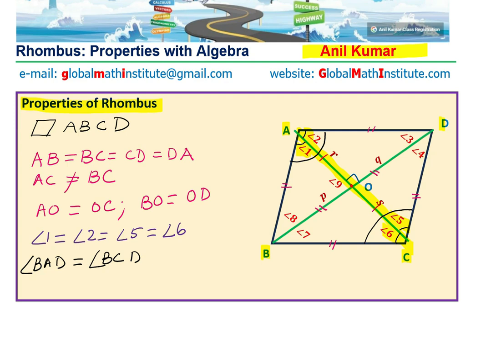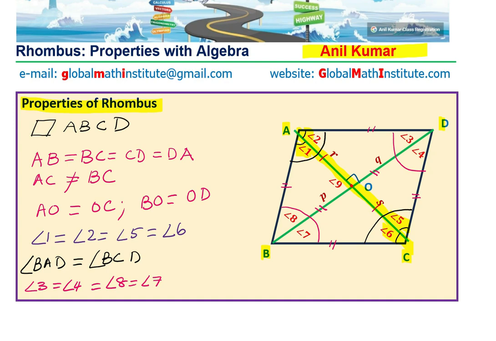Similarly, we have the other angles which are angle 3, 4. They are equal to angle 8 and angle 7. And of course, these two angles are also equal, right? So you see the opposite angles are equal in a rhombus.